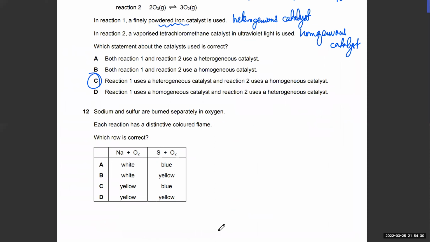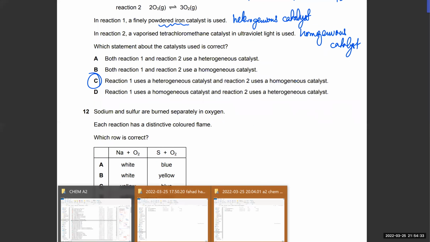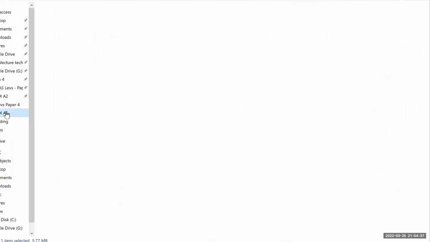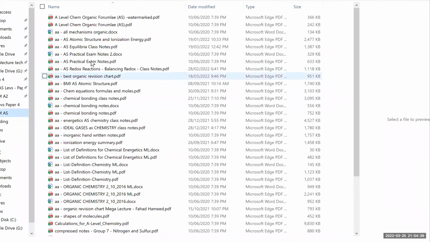ठीक है, this one sulfur is definitely blue. सोडियम शायद येलो होता है. Let me just quickly check हमारे नोट्स कहाँ पे, inorganic. अच्छा, इस पे पीरियड 3 के एंड पे फ्लेम टेस्ट लिखे हुए हैं, ग्रुप 2 के एंड में भी फ्लेम टेस्ट लिखे हुए हैं.